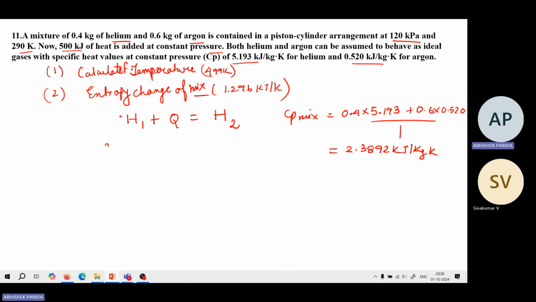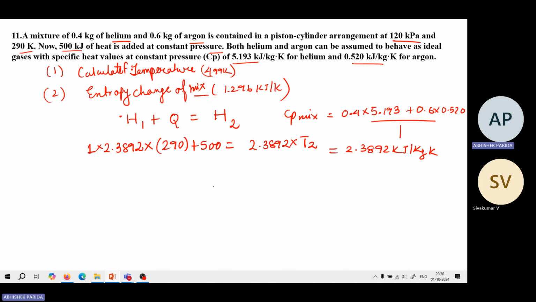So you calculate 2.3892 as Cp, and when it is a mixture, the mass is 1. The temperature is 290 plus 500 kilojoule added, equal to 2.3892 into T2.